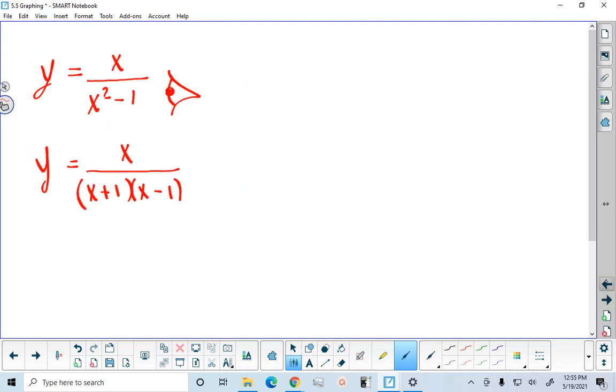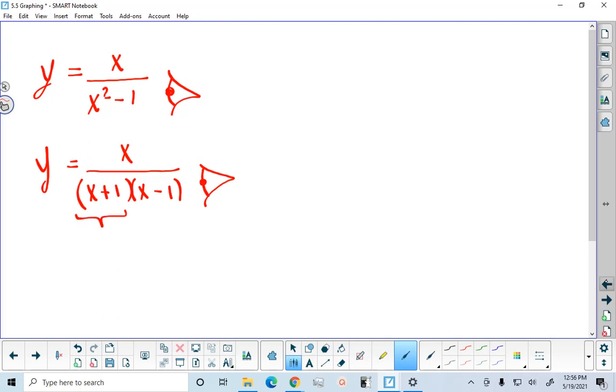I suspect that many of you would not need to actually look here to determine those asymptotes, because I think many of us, maybe all of us, when we see x squared minus 1, we see x plus 1, x minus 1.